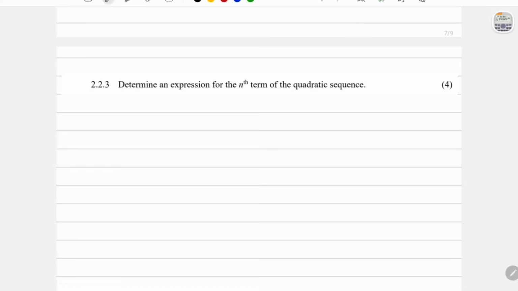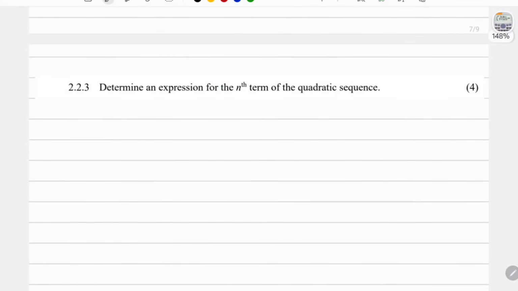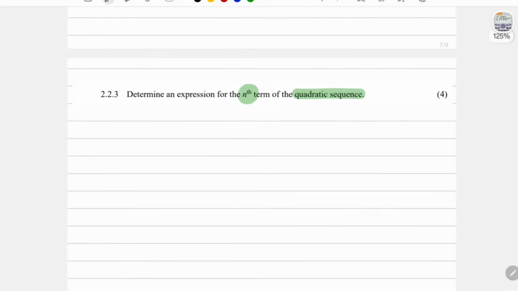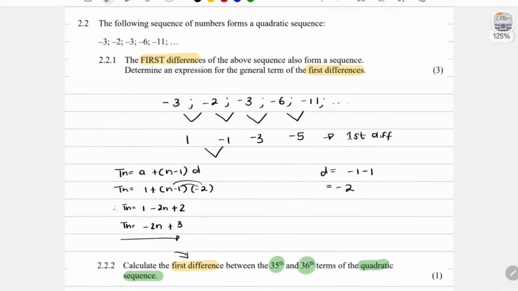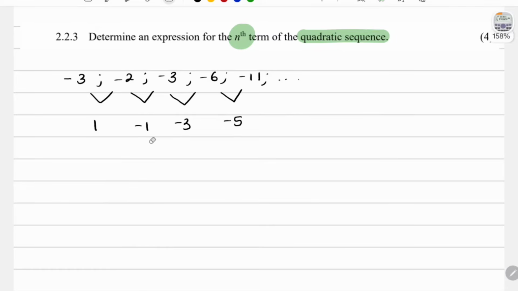The next question, 2.2.3, determine an expression for the nth term of the quadratic sequence. Again, they're being very, very simple and straightforward. So we just have to find the quadratic pattern's formula. Okay, let me bring that quadratic pattern down. So we already have the first difference, and we already know what the second constant difference is. It was negative 2.